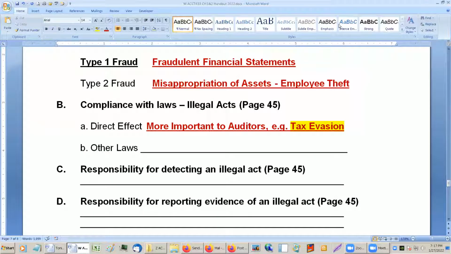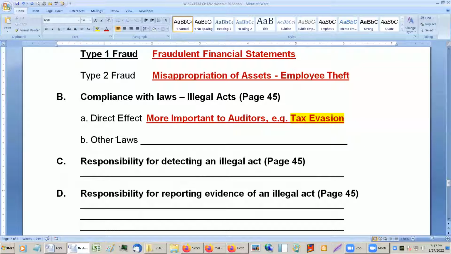Notice if a company is committing tax evasion, has a tax problem, that's also going to show on their financial statements, right? Their tax expense will be too low, and it'll show their income being too high, so it has a direct effect. If they're cheating on their taxes, there's a direct impact on the financial statement. So we're more concerned with that than the indirect ones, which we'll talk about next.